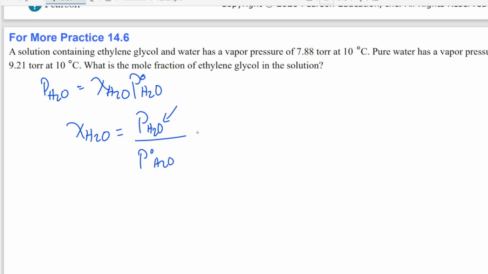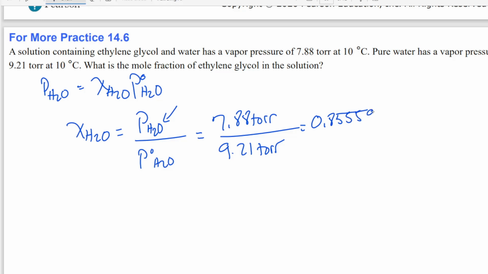Okay, and that's equal to 7.88 torr divided by 9.21 torr, and that is equal to 0.8555917. So basically we're saying this solution is 85.55917% water.